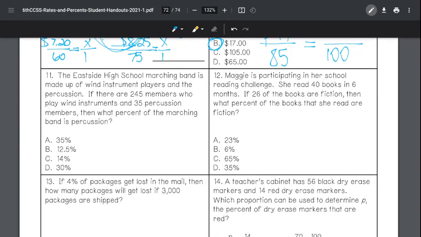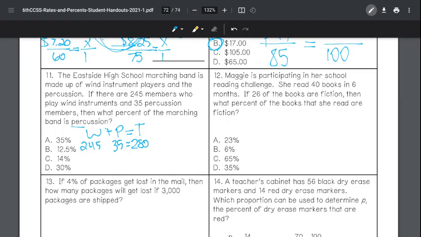11. The East Side High School Marching Band is made up of wind instrument players and percussion. If there are 245 members who play wind instruments and 35 who play percussion, then what percent of the marching band is percussion? Well, you have to do 245 plus 35 to figure out the total members in the band, which is 280.